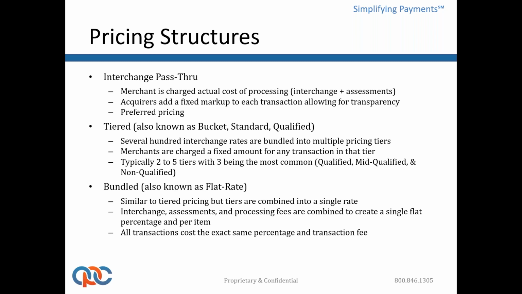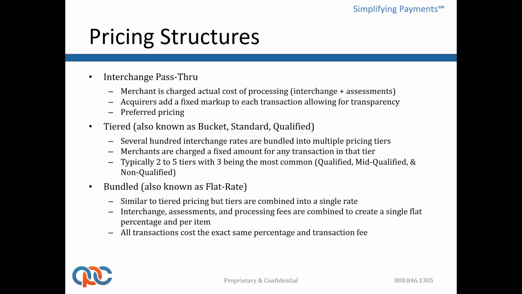So with the interchange being uniform for everybody, they do have different pricing structures that they go to market with. And here are the three most predominant ones. Number one is interchange pass-through, which we recommend for merchants because it's the most transparent, because you know what's interchange, what's assessments and dues, versus what's acquiring fees or processing fees.